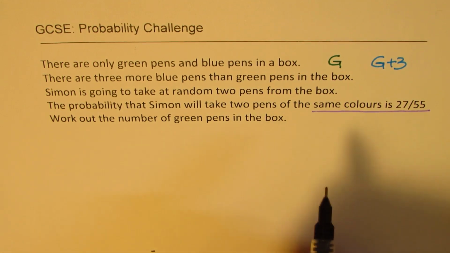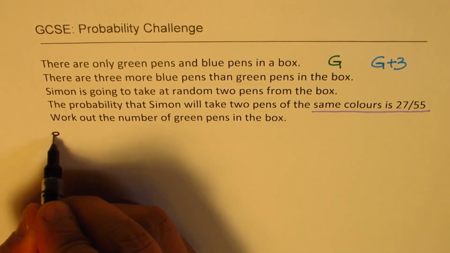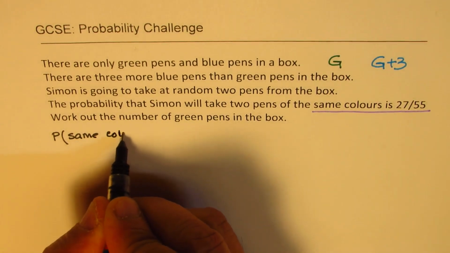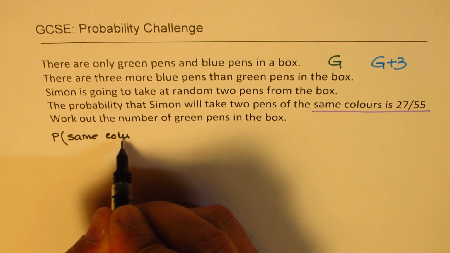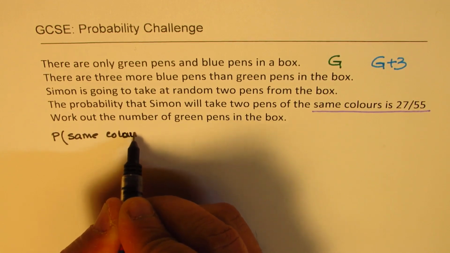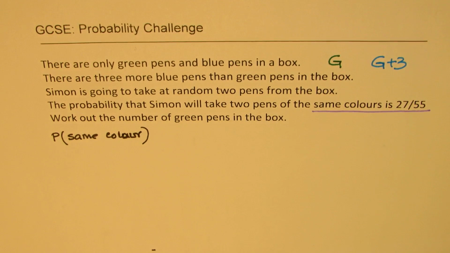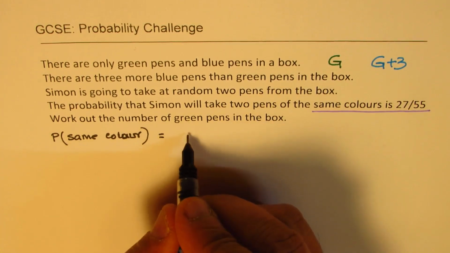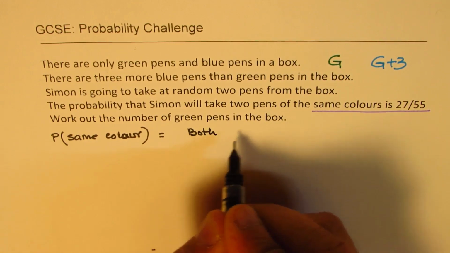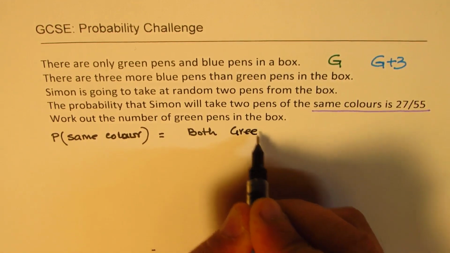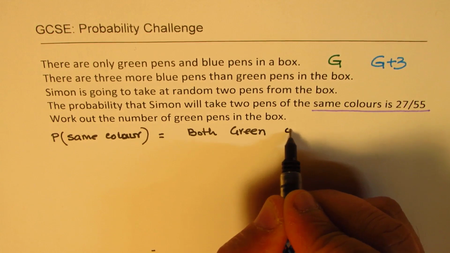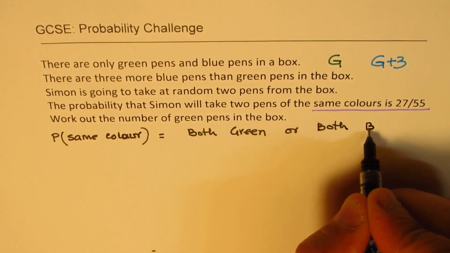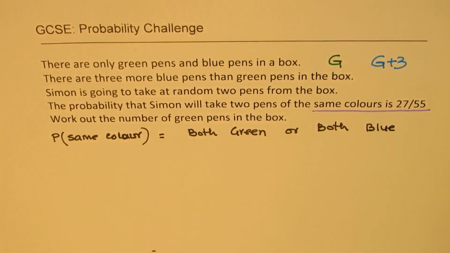So when we say probability of the same color, in this case, it could be both green or both blue, right? So that is what we're looking for.